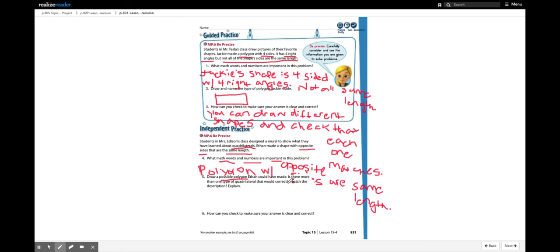Let's see if you can think what the answer might be. Okay, so let's first answer the question. Is there more than one type of quadrilateral that will correctly match the description? If you said yes, you are correct. But now we have to explain by our drawing.